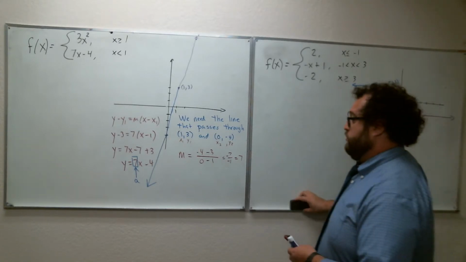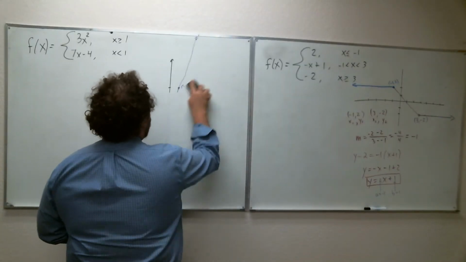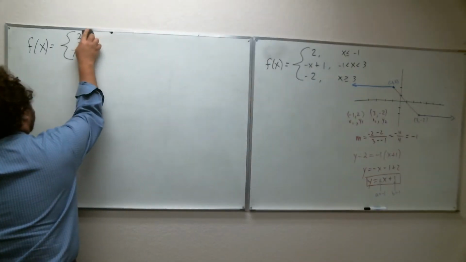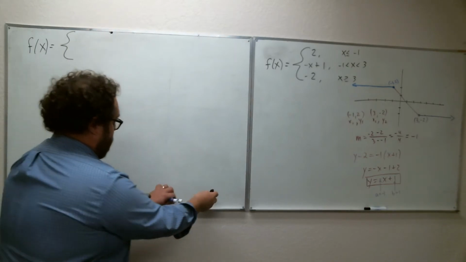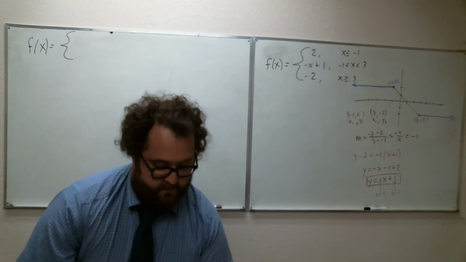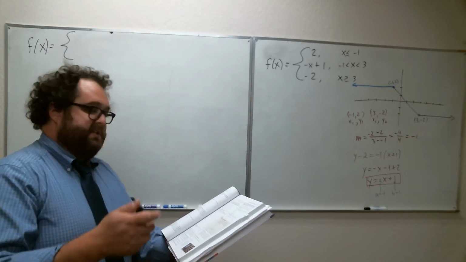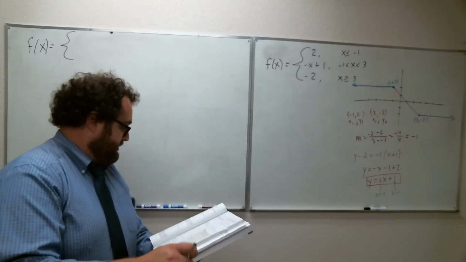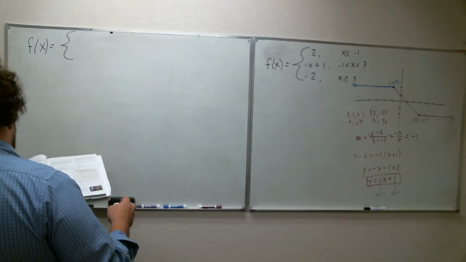Let's take a look at one of the harder ones. All right, let's see what we might have here. All right, let's see. 68 looks like it's one of the harder ones. 68 says this.